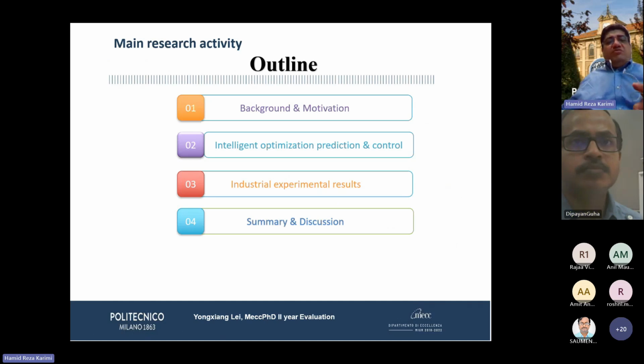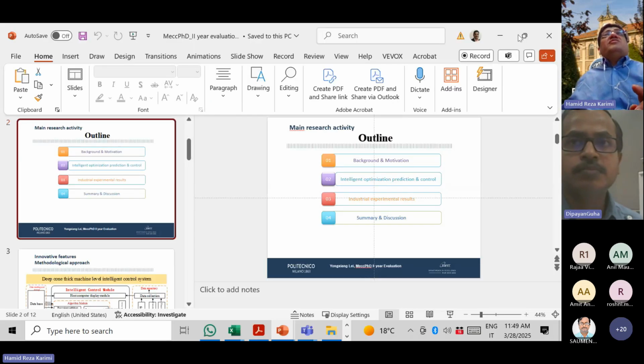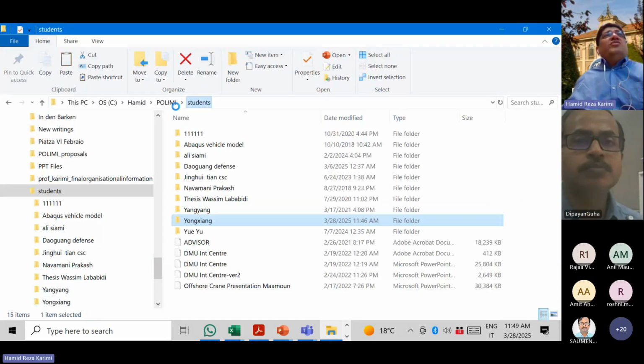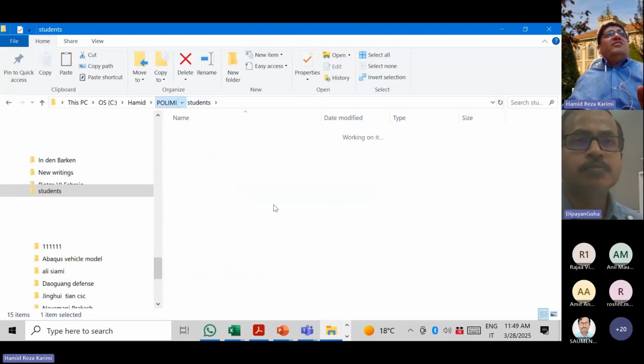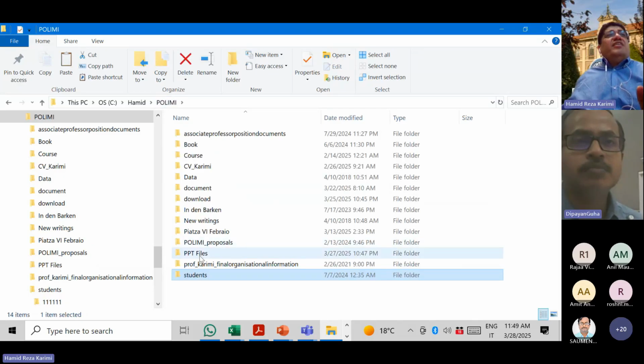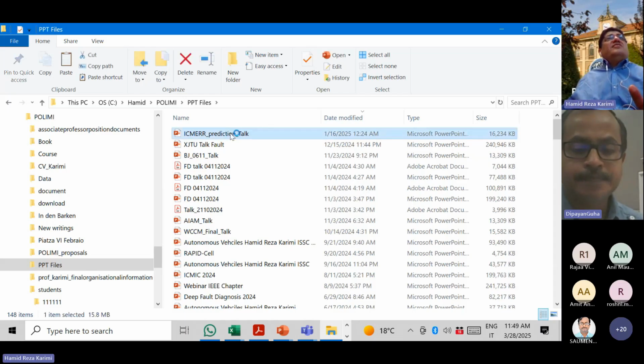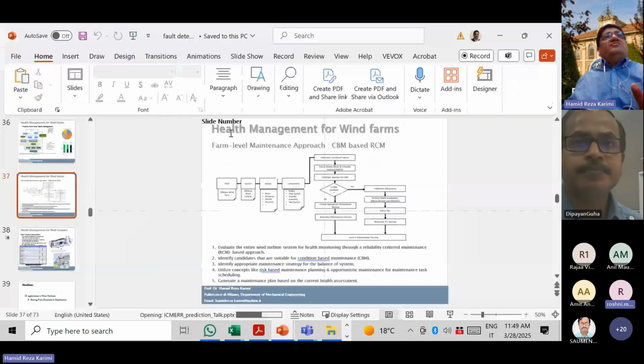Maybe I can show you one more thing, because this may also be interesting for you to know what we are doing in Italy. In my group in Italy, we are also developing a lot of machine learning tools. So perhaps I can show you this prediction.